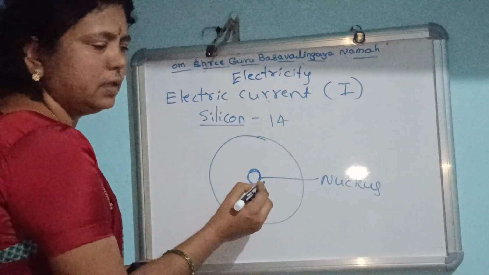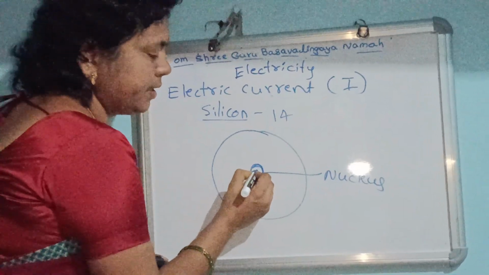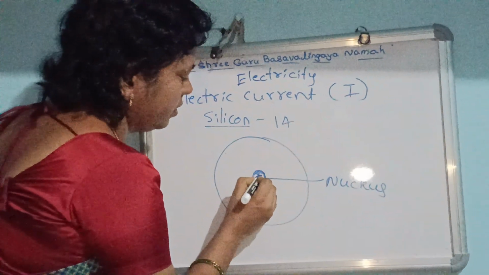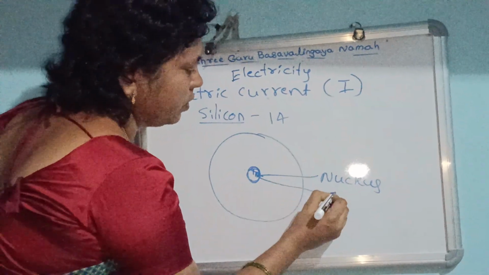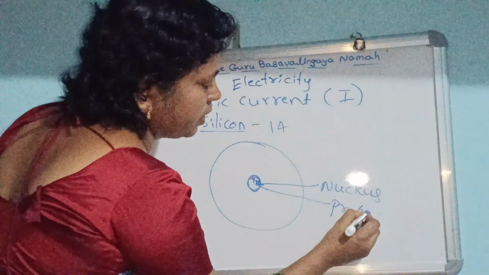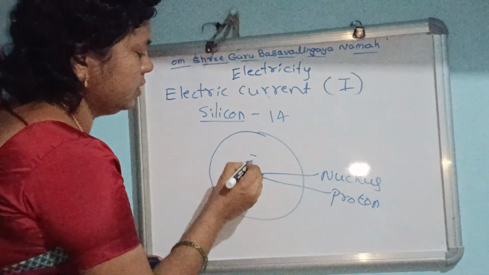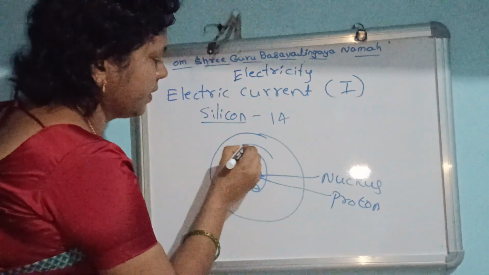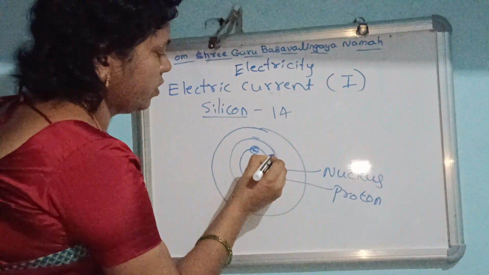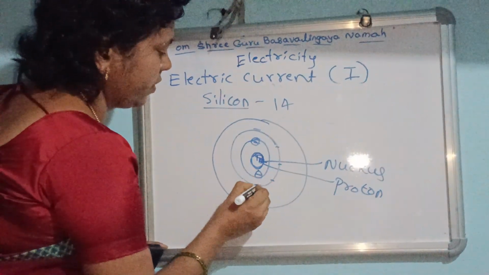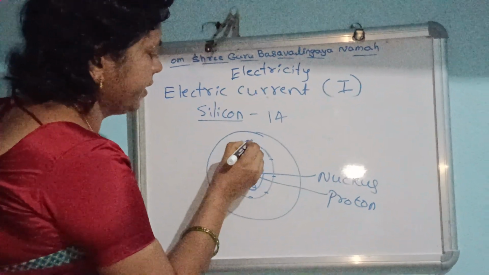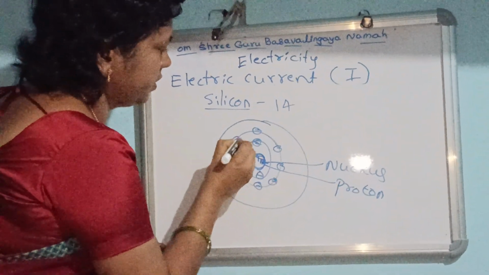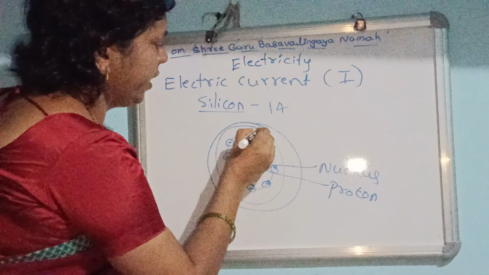In the nucleus there are subatomic particles, the protons, plus 14 protons. Electrons revolve around the nucleus in certain permitted orbits. First orbit, second orbit with 8 electrons, third orbit has 4 electrons.